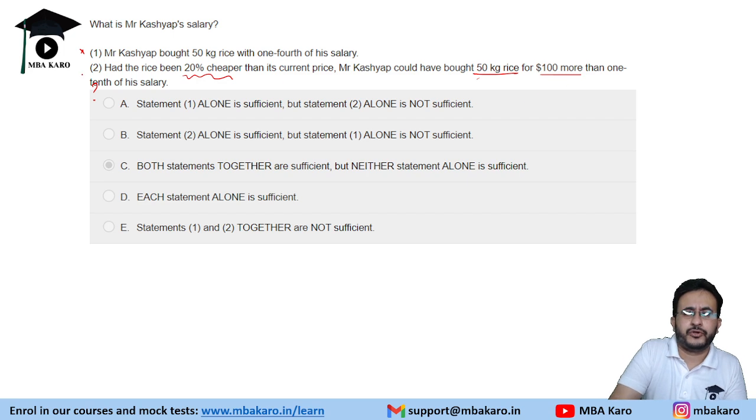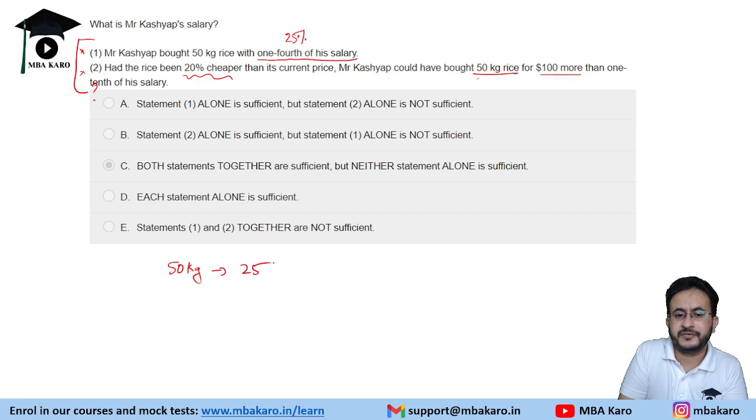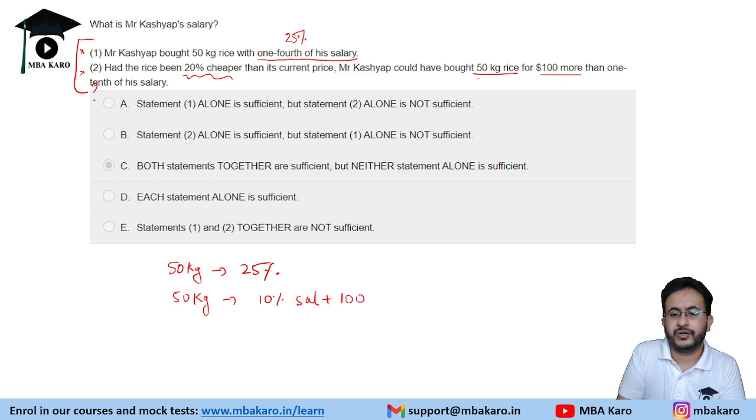Now from the second also it is not sufficient, but when we compare both, we get that in one case he is using 1/4 of his salary, 20% less, right, he's getting 50 kg for 25% of his salary, and in the second case he is getting 50 kg for 10% of his salary plus $100, right?